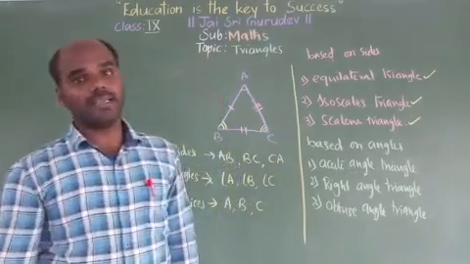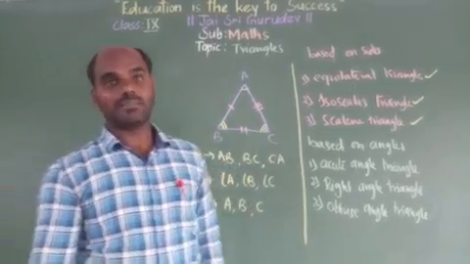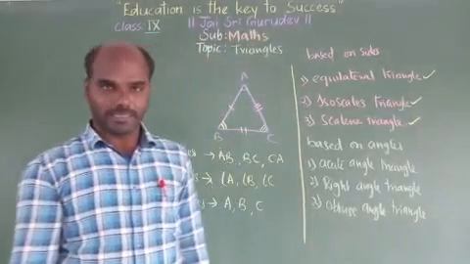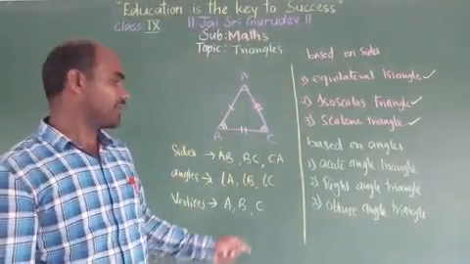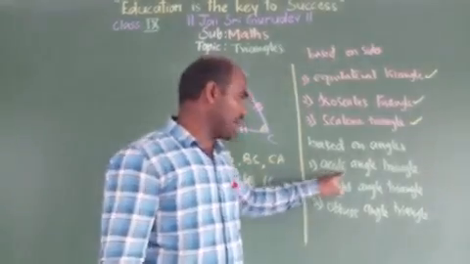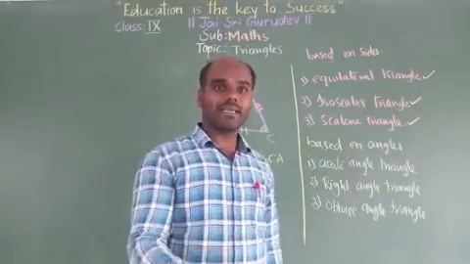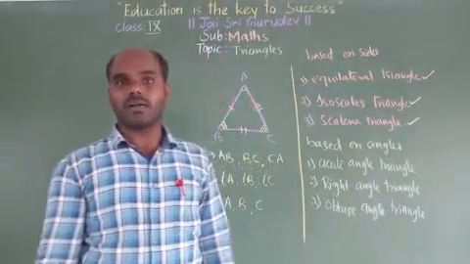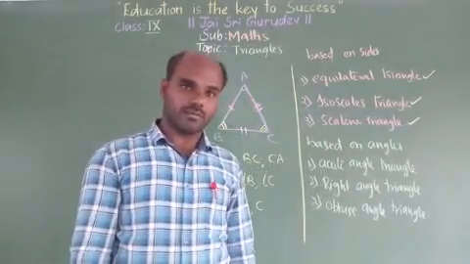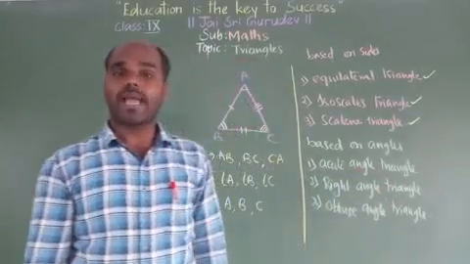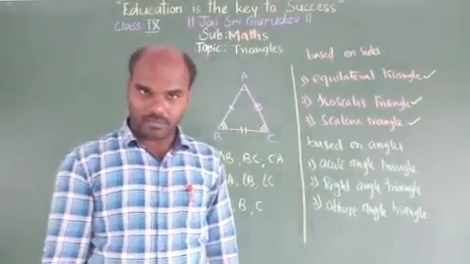That angle is more than 0 degrees and less than 90 degrees. It means in a triangle, each angle is an acute angle. Such a triangle is called an acute angle triangle.